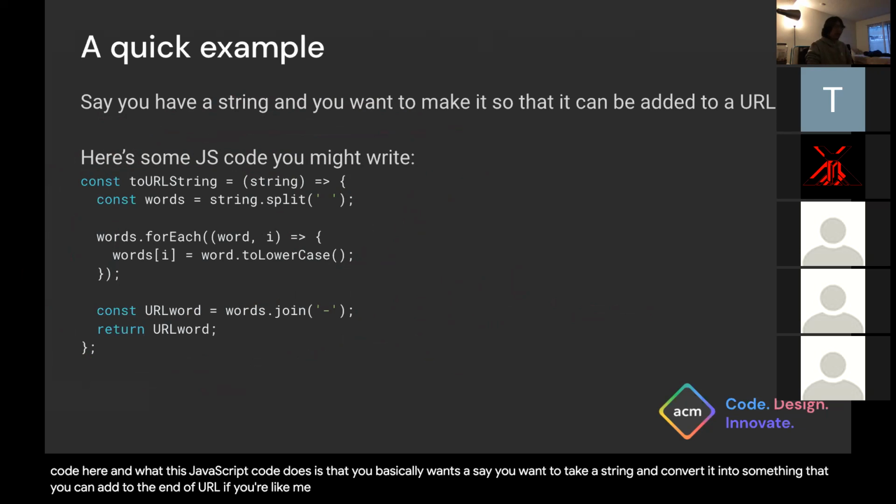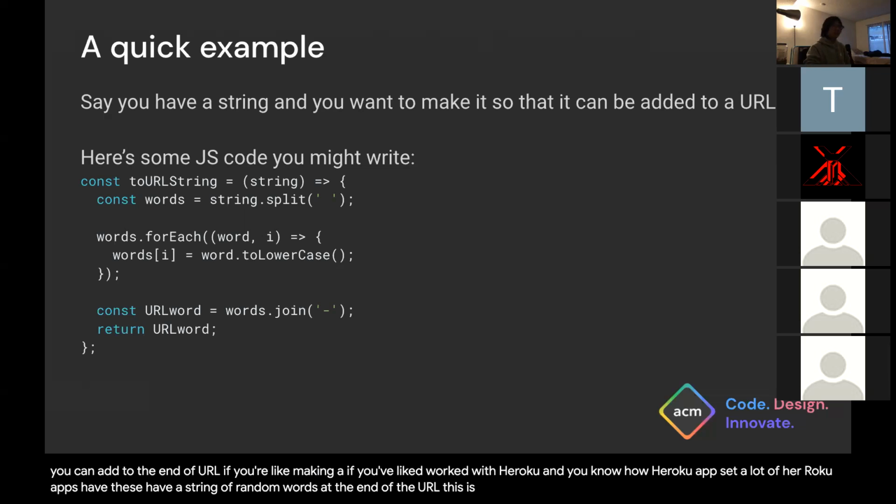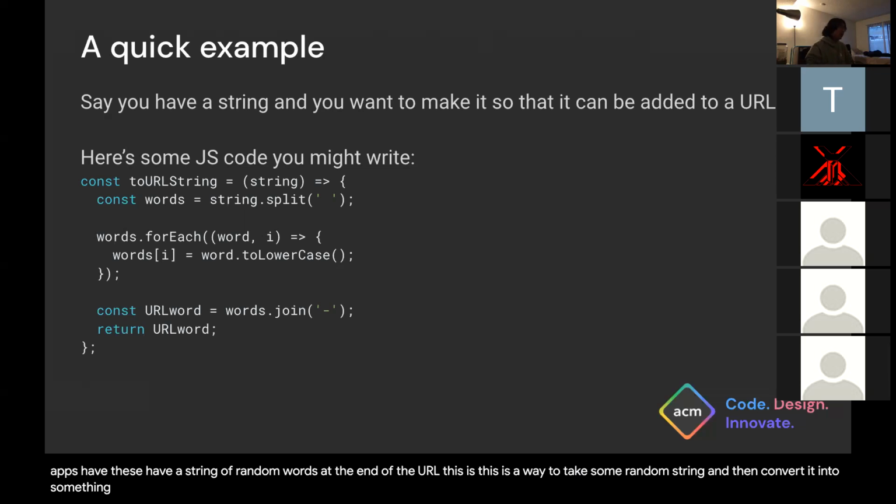If you've worked with Heroku, you know how a lot of Heroku apps have a string of random words at the end of the URL. This is a way to take some random string and convert it into something that you can actually put into a URL. So what does this function actually do?